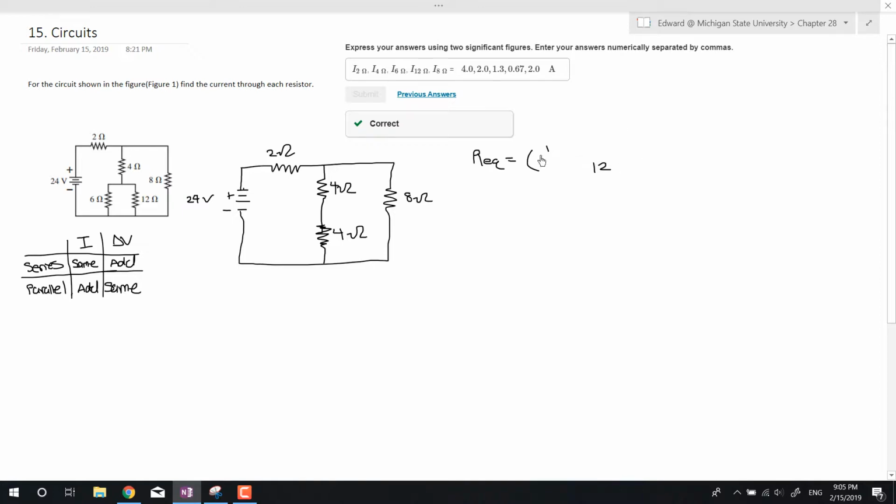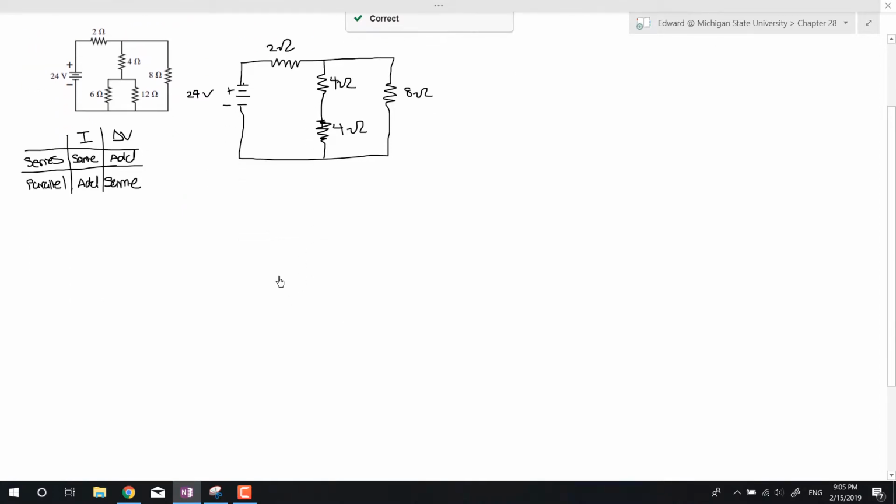So we're done with this. Now we can further reduce this picture down. Let's draw a battery out again, 24 volts. One resistor there, one resistor there. Oh, it looks like I missed one, that's a resistor right there.